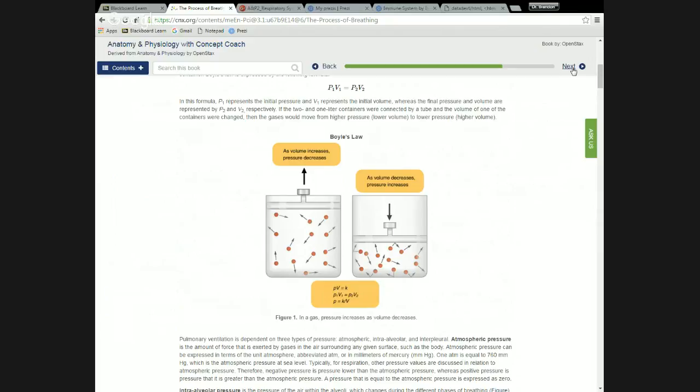So the pressure times volume product has to be equal at the second time point. So the second volume is half a liter. What does P2 have to be for this equation to be equal? 2. Yeah, 2 atmospheres.